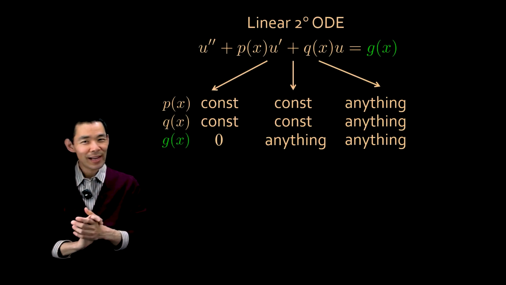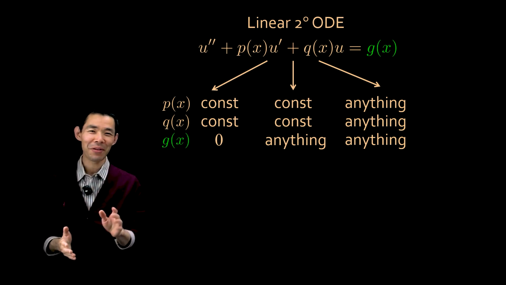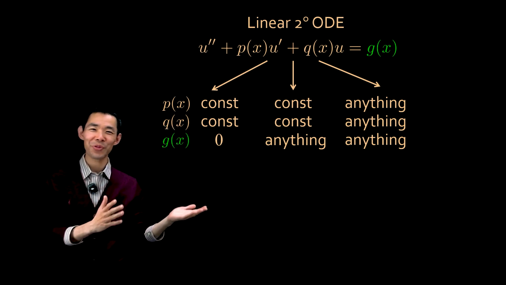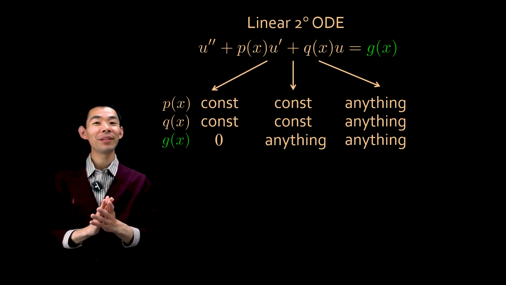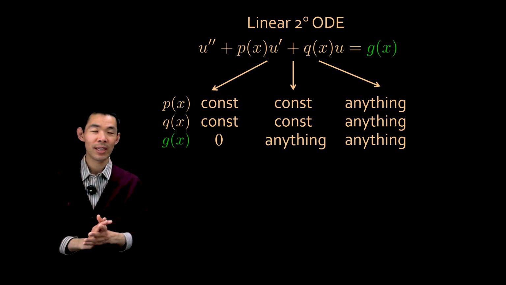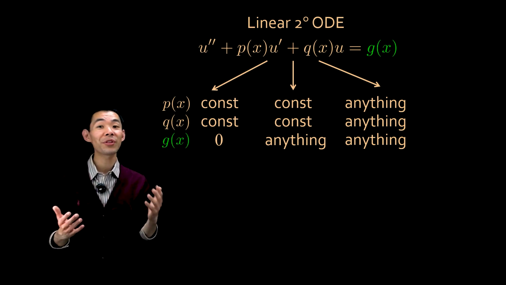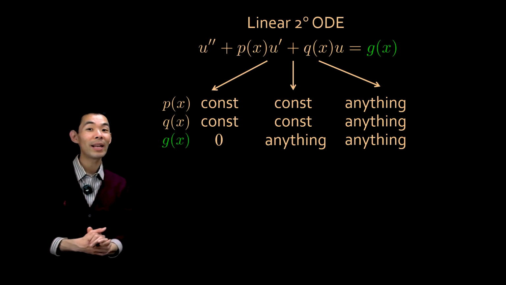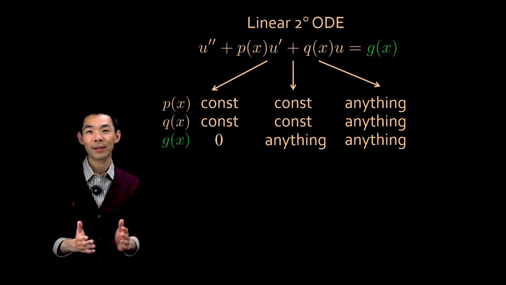Remember that tree diagram that I wrote a long, long time ago? You've probably forgotten by now. I wrote it by hand, but I have produced a digital version of that for your convenience. So we're considering linear second-order ODEs written up here: u double prime plus some coefficient p times u prime plus another coefficient q times u is equal to the right-hand side, the non-homogeneous term g, as some function of x.